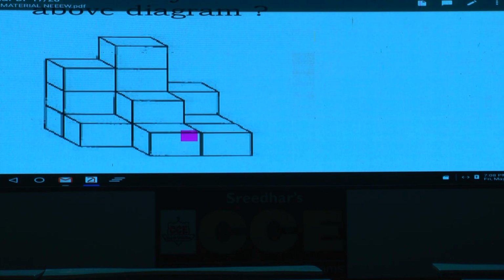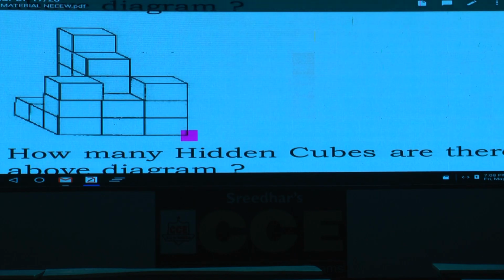Then 17th one. 17, 4. Everyone is doing it? 17, 4. Finished 17, 4? Then 18. 18, 6.